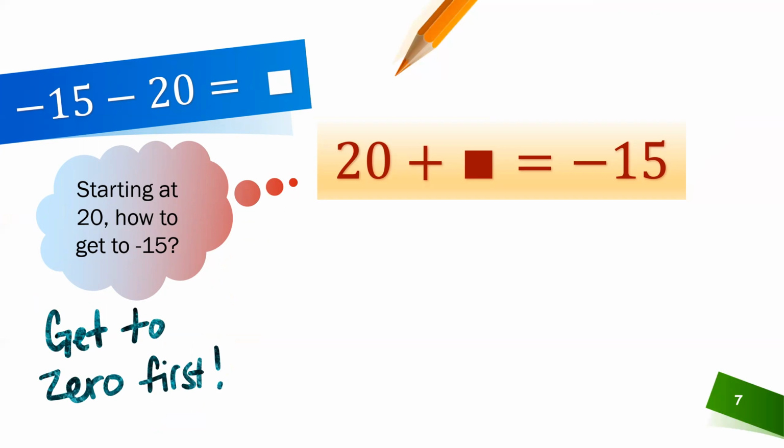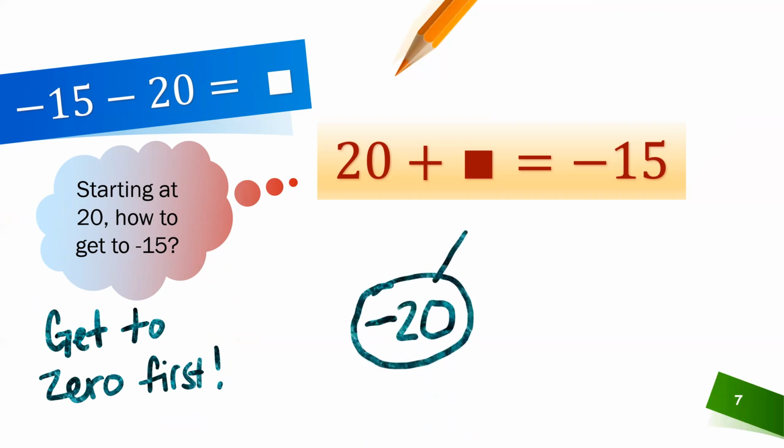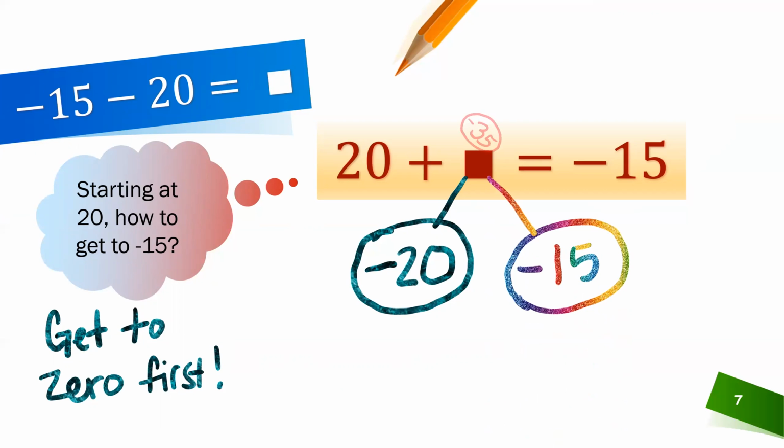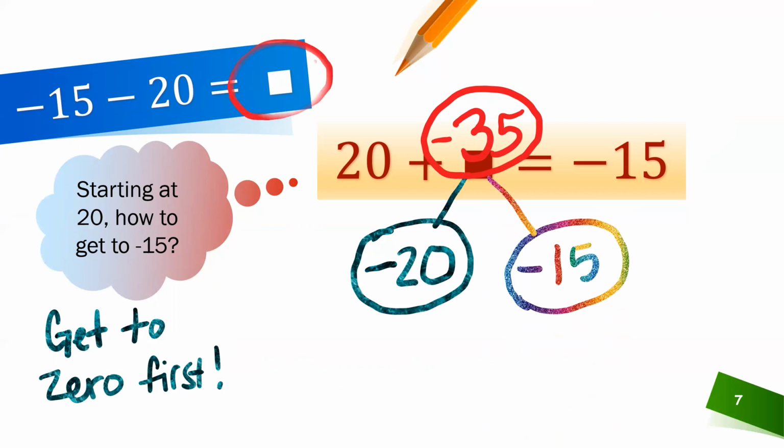So let's get to 0 first. To get to 0, I would need that additive inverse, meaning the additive inverse of 20 is negative 20. So 20 plus a negative 20 is going to get me to 0, right? And then from 0, I will slide backward 15 units. And that would be negative 35. So you would say that negative 15 minus 20 is negative 35.